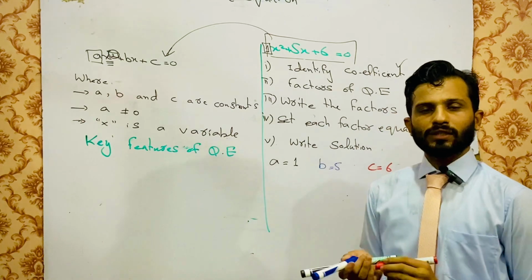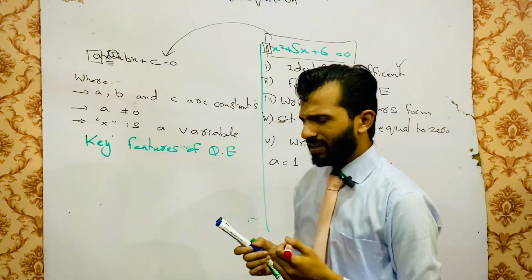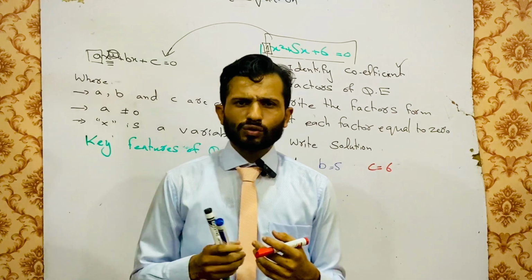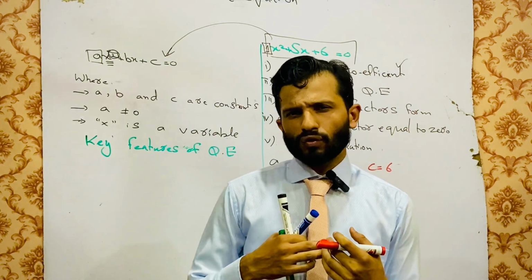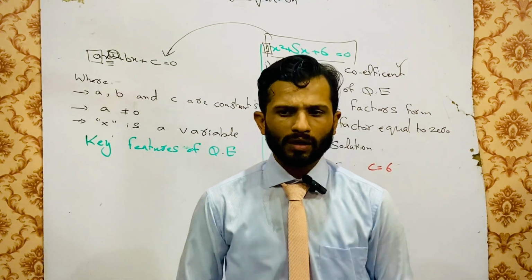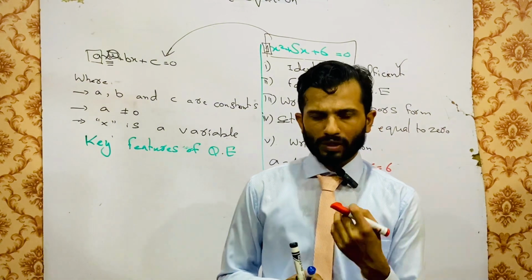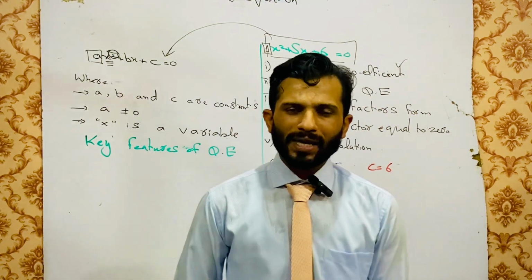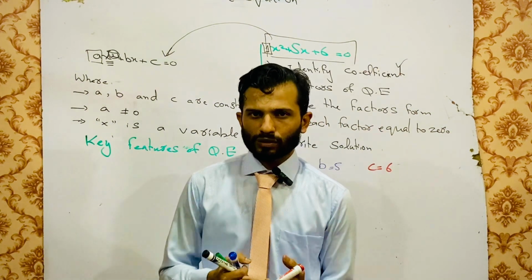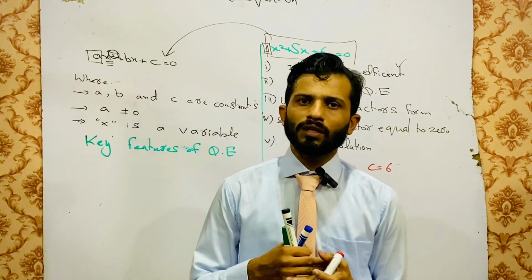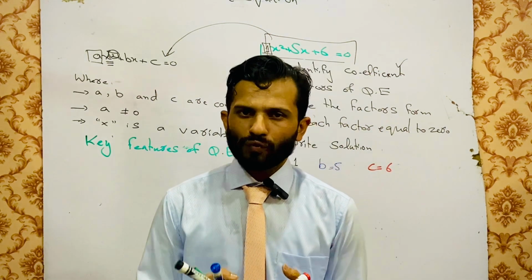Number 2, factors of the quadratic equation. We need to find two numbers that multiply into 6 and add up to 5.